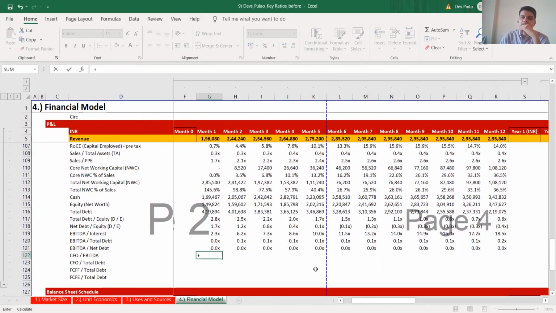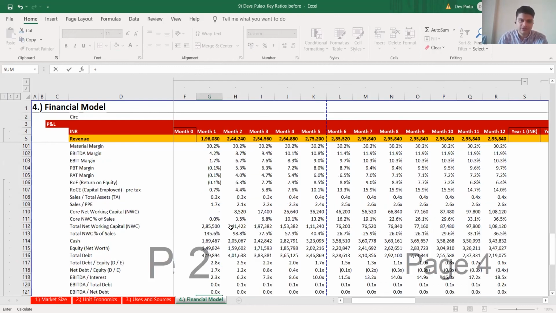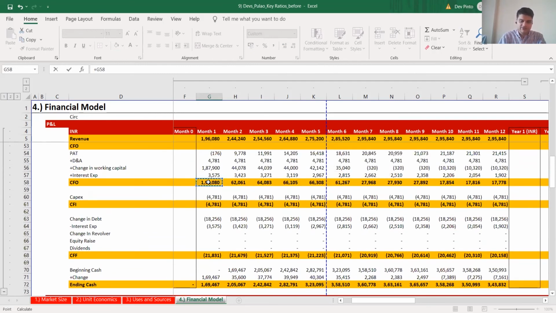Next, let's see what the cash flow conversion is from EBITDA, right? So EBITDA represents an accrual basis, but a good reflection of a business is if it generates EBITDA and that EBITDA translates to cash flow, right? So cash flow from operations. So let's go to CFO.